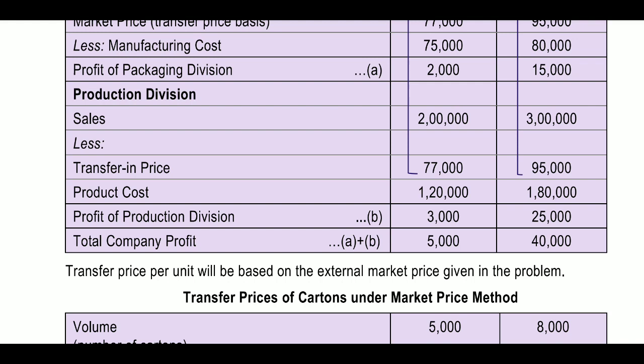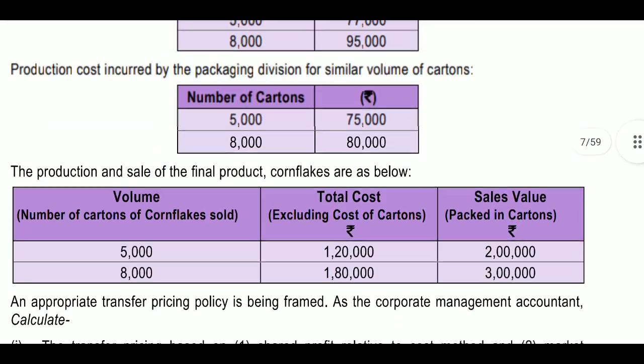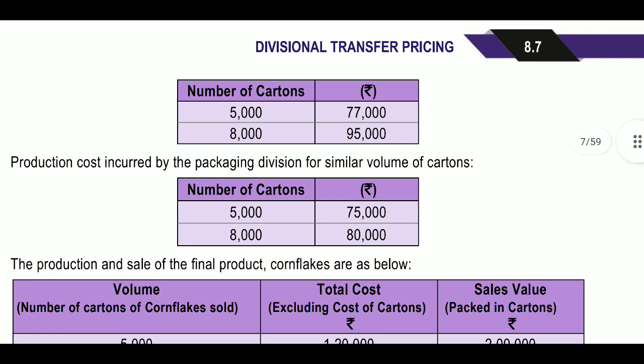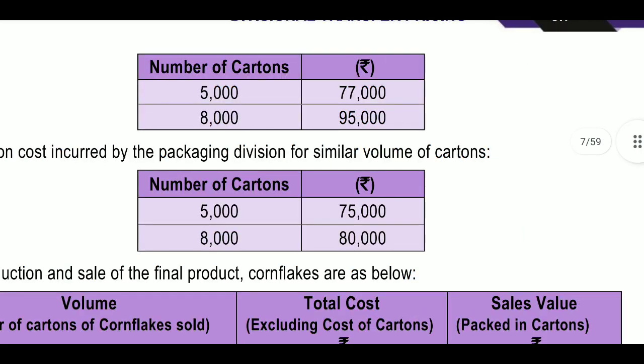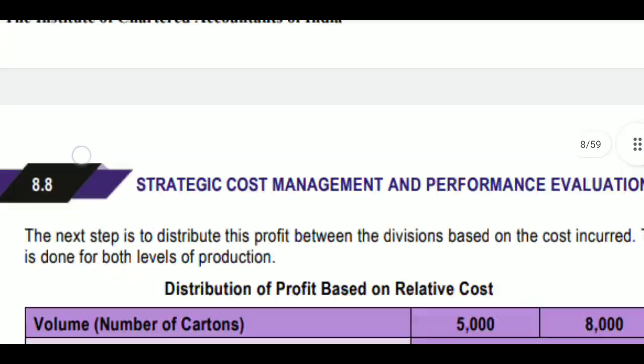So the profit will not change, but the transfer price may change, some marginally, because for 5,000 units the amounts are similar, while for 8,000 units the impact is larger. For 5,000 units it will not make much difference.